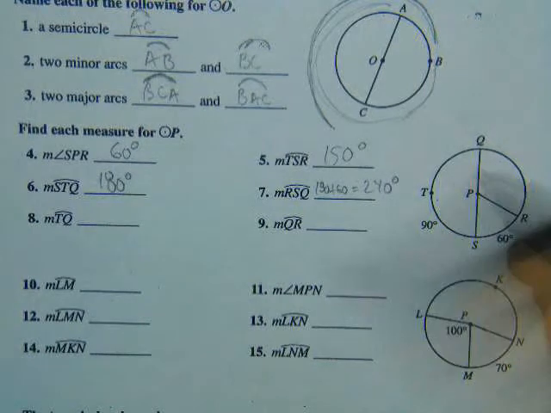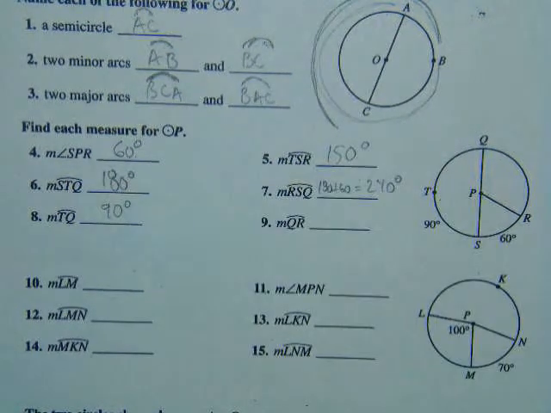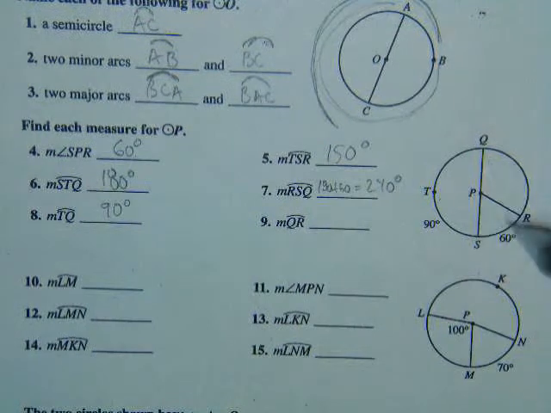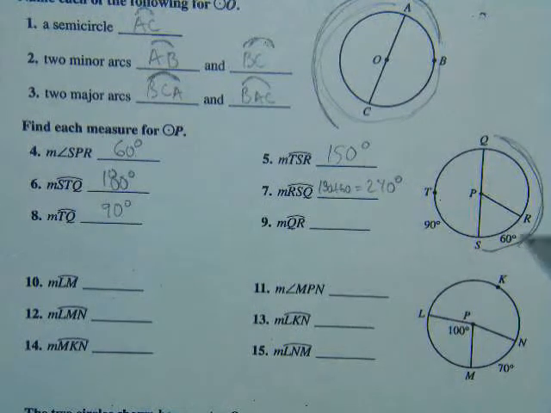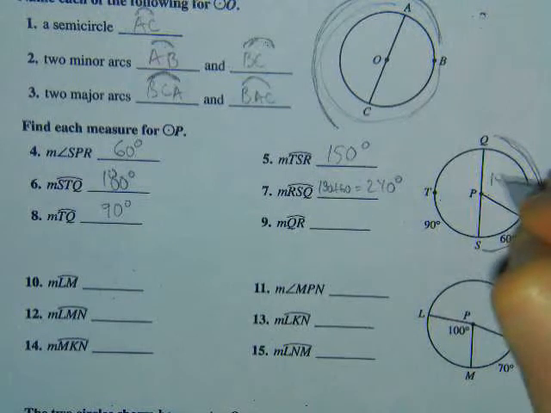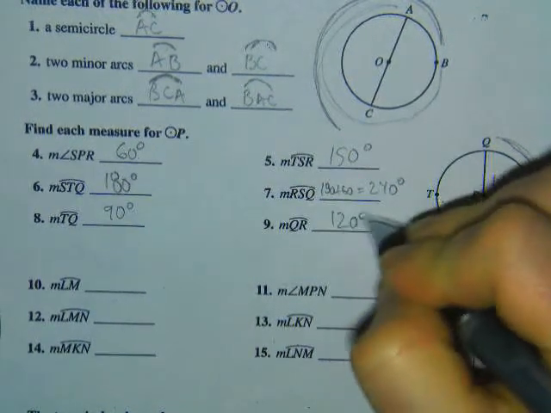That to me looks like 90 using my head. And then QR. Well, you can add the whole thing up, or you can just look at this half of the circle. Well, you know that half's going to be 180, and you got 60 left here, so 180 minus 60, 120, yeah?